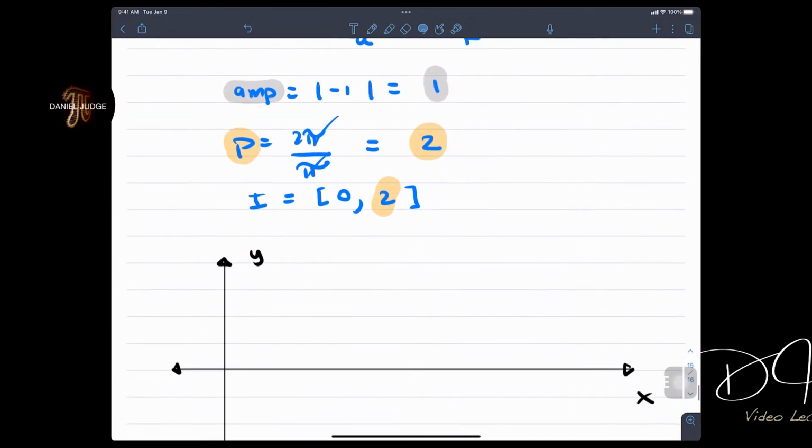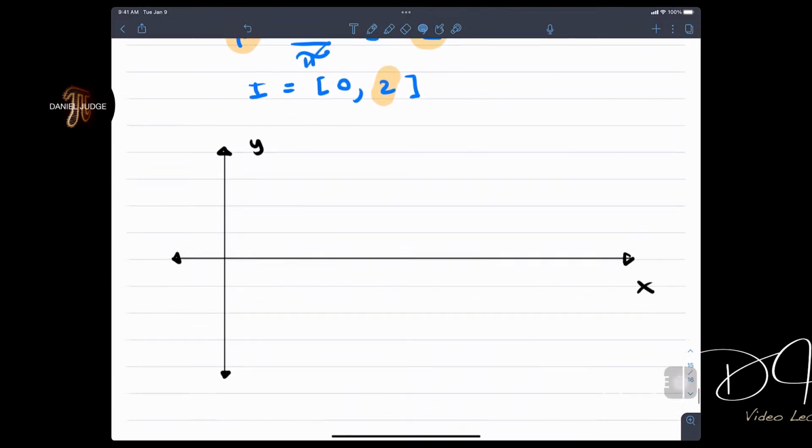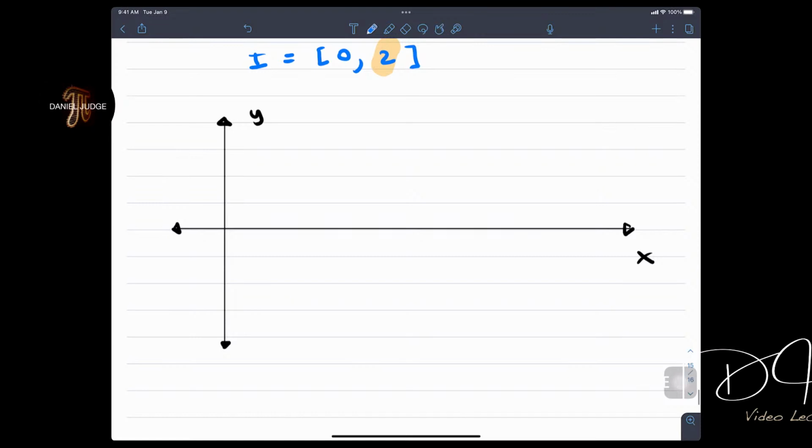Okay, stop fooling around. Now let's use the amplitude. The amplitude is 1. So let's label the y-axis. It's not to scale. +1, -1. And then our interval of one cycle is from 0 to 2. So here we go. +1, -1, interval of one cycle is 0 to 2.